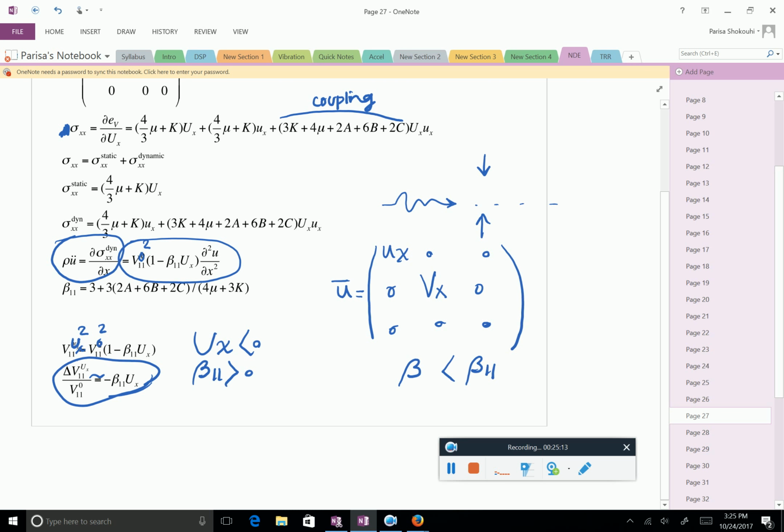The theory tells you that the largest beta that you would get is actually beta 1,1 when you have this particle motion parallel to the load. You can do the same thing for all of the others and get other betas, but they will all be less than beta 1,1.